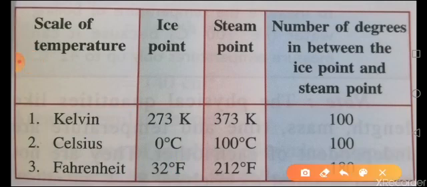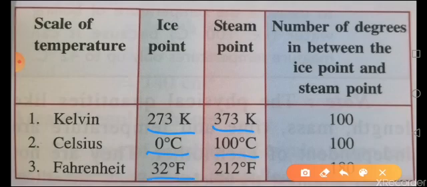Now, when you talk about the scales of temperature, you should know the ice point and steam point of each scale. For Kelvin scale, the ice point will be 273 Kelvin, steam point will be 373 Kelvin. For Celsius or centigrade scale, ice point will be 0 degrees Celsius and steam point will be 100 degrees Celsius.